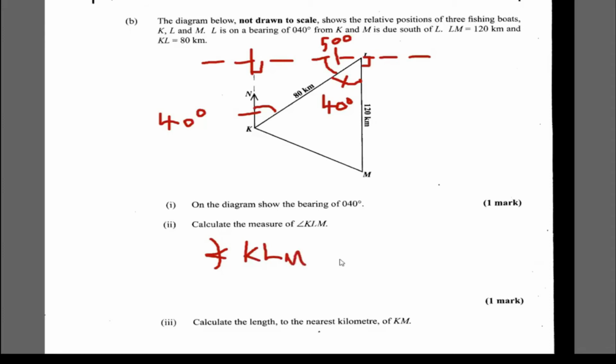Then it says work out the length of KM to the nearest kilometer. When you have two sides and the angle between those two sides, you use what is known as the cosine rule.